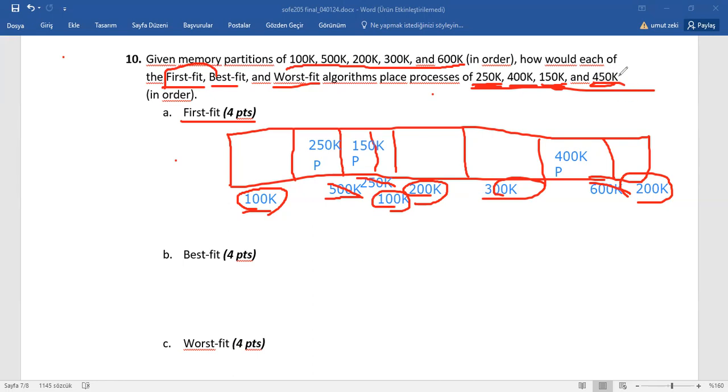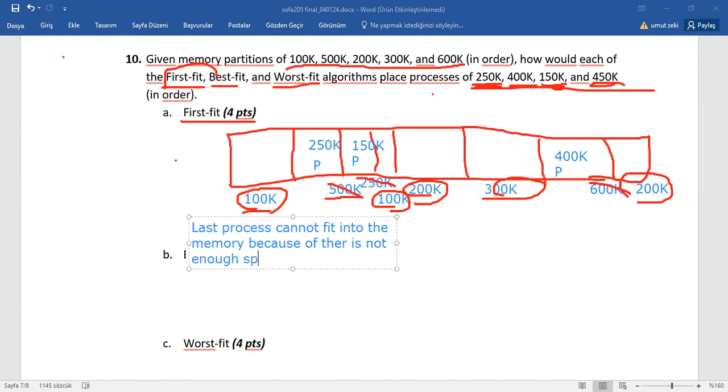In first fit, we can put 3 of them, but for the last one there is not enough space in the available partitions.